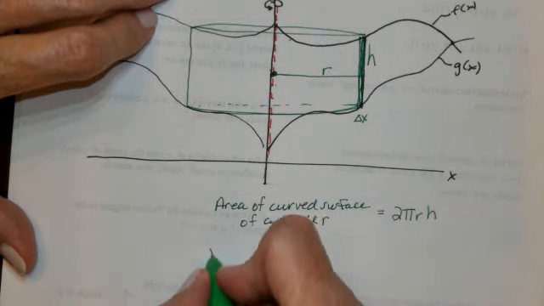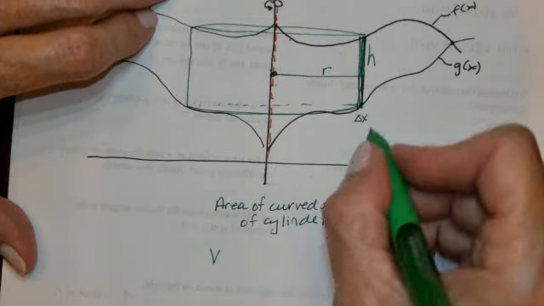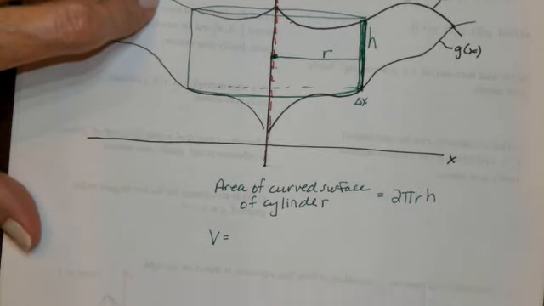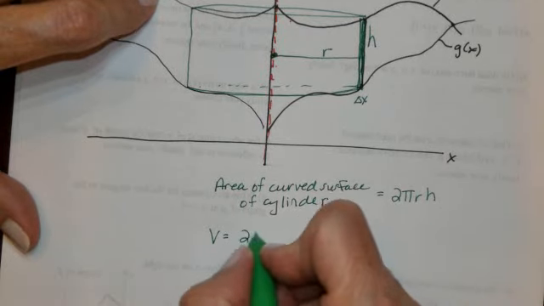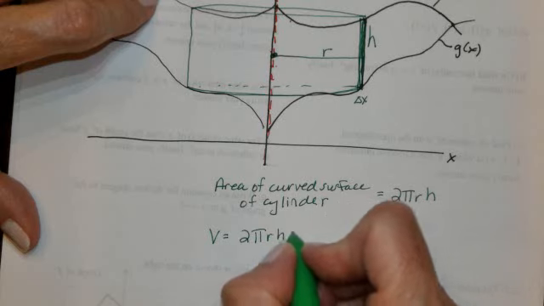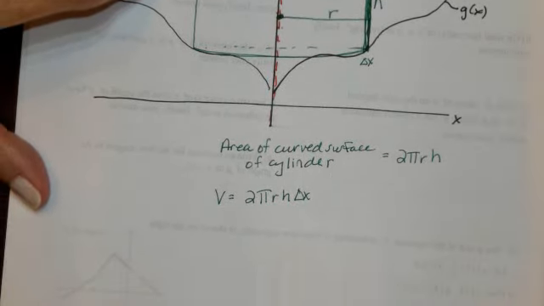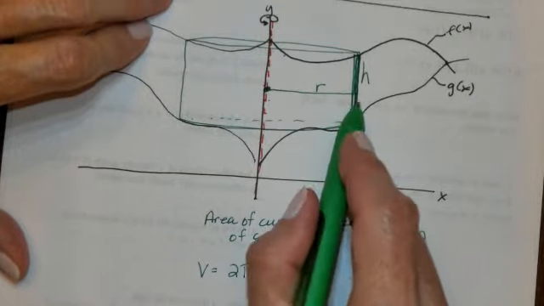If we want to find the volume, if we give it a little thickness, then it has volume, right? And the volume of that one cylinder would be 2 pi r h times delta x, right? So that would be the volume of one cylinder.